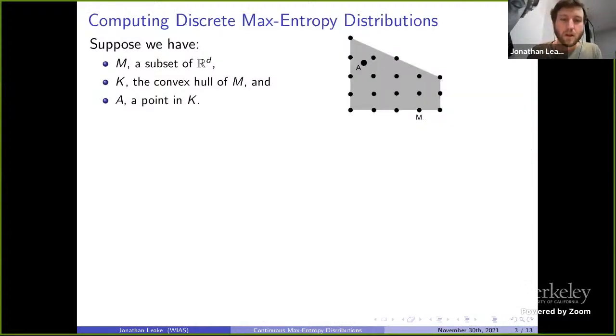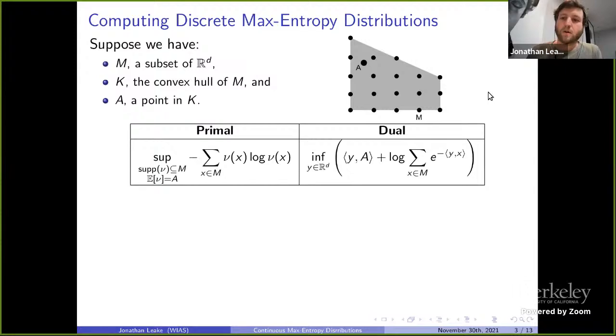Okay. So now here's a picture more relevant to this discrete case. Now suppose we have this M, this set of these black points here. K is the convex hull, this gray area, and now A is some point in the convex hull. So this is our discrete situation. And so this primal problem that I've written down here is exactly the maximum entropy optimization problem. So this is exactly what I was describing before.